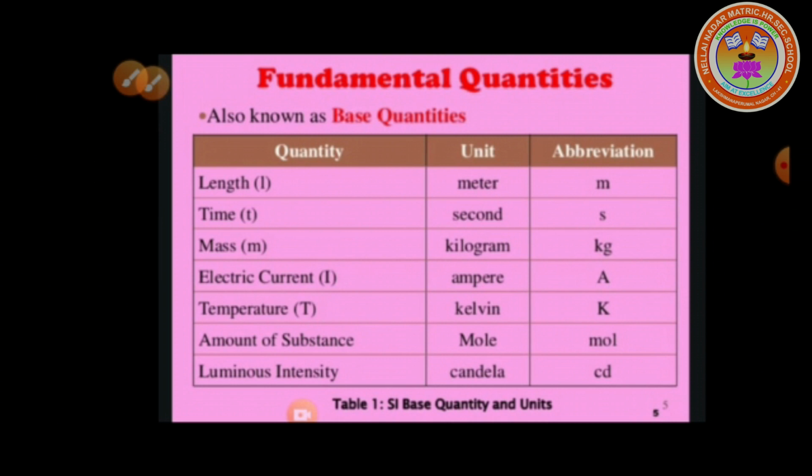It is denoted by the capital symbol K. The ampere and the Kelvin are both denoted by capital symbols because both units are taken from the names of scientists. And the 6th one, amount of substance. The unit is mole. It is denoted by the symbol mol. And the last one is luminous intensity. Unit is candela. It is denoted by the symbol cd.